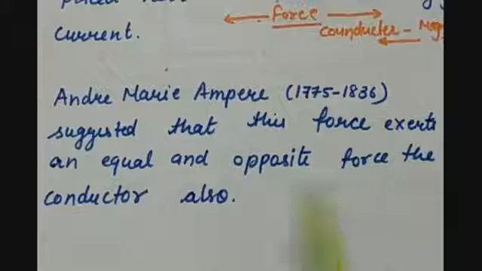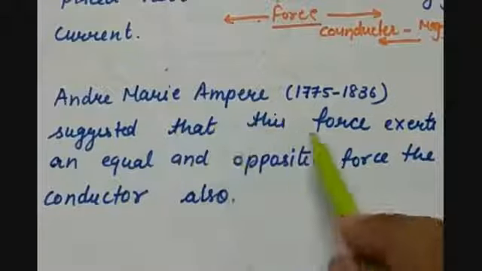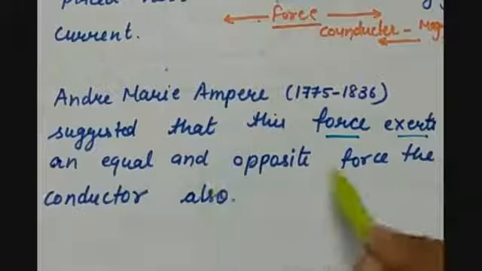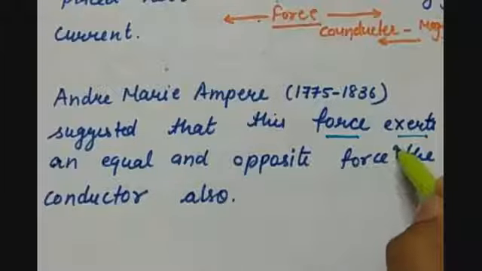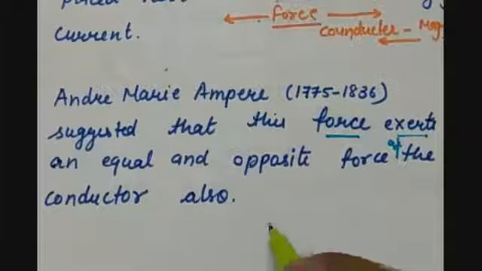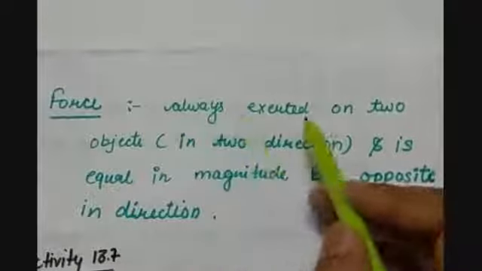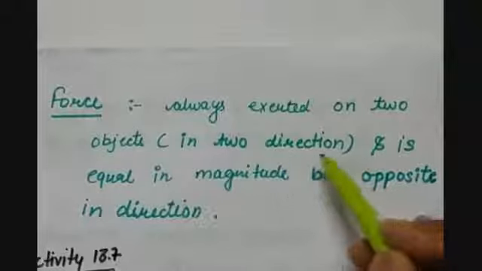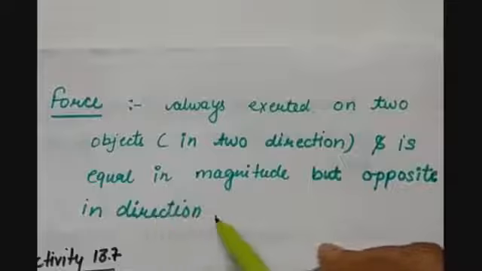One scientist, Andre Marie Ampere, suggested that this force exerts an equal and opposite force at the conductor also. Because we know that force is always exerted on two objects in two directions and is equal in magnitude but opposite in direction.